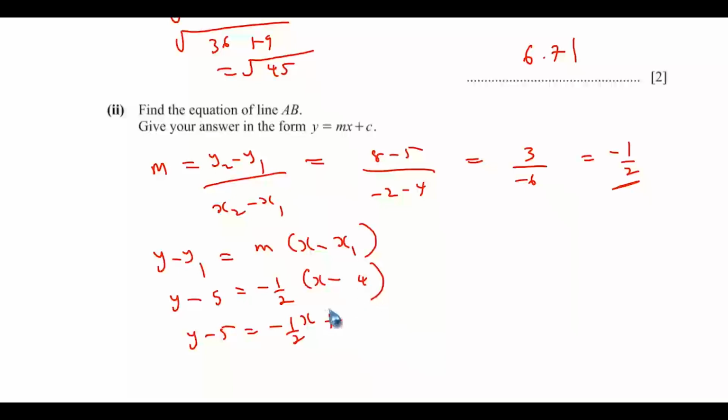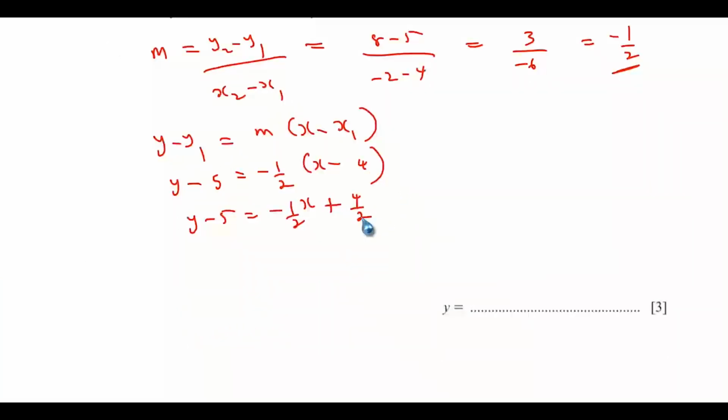Okay, so 4, we're going to have 4 over 2. I just want to show you, I could have written 2 straight away, but I just want you to see how that will occur. Okay, so this will be y minus 5 equals minus 1 over 2x plus 2.